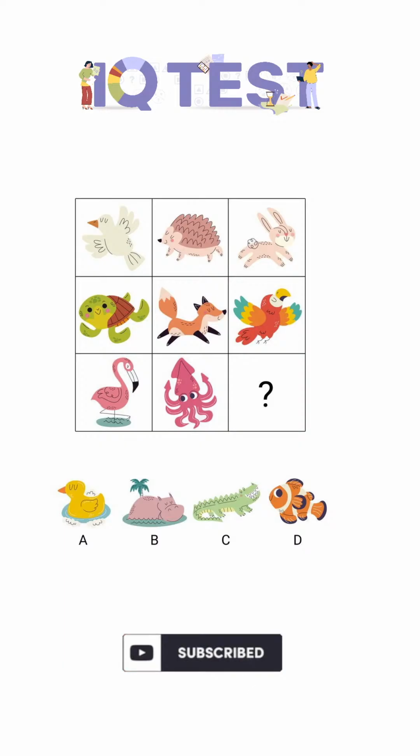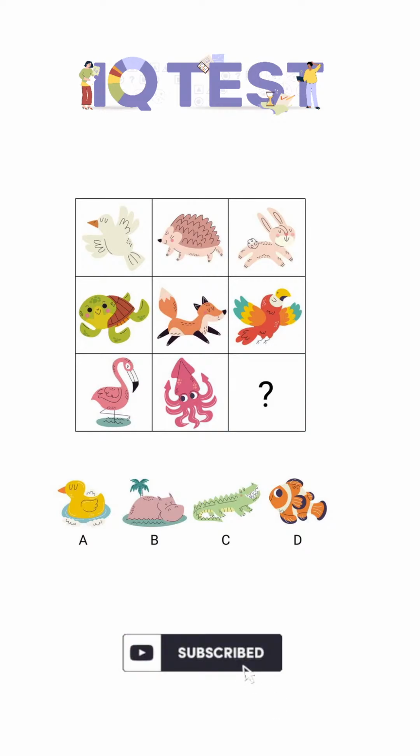All right. So over here, if I look at it diagonally, I see an animal that flies in the sky, which is the bird. Then the fox, an animal that runs purely on land. So the last one should be an animal that lives in water.